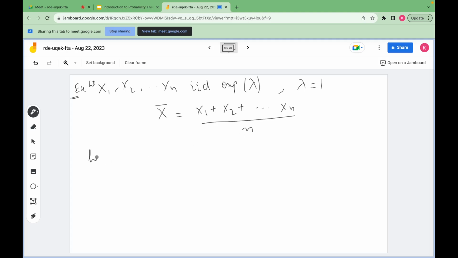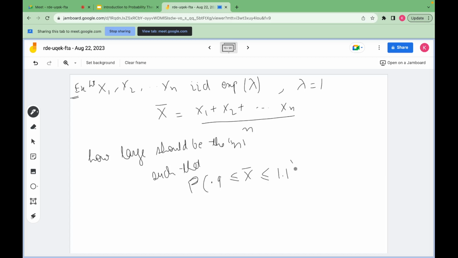We need to calculate how large n should be such that the probability that x bar lies between 0.9 and 1.1 is greater than or equal to 0.94.